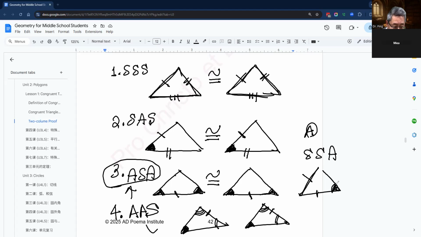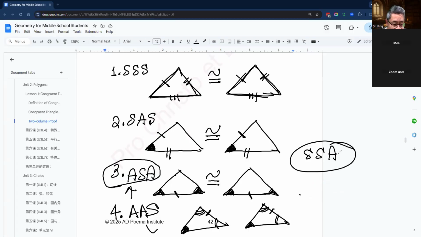If the angle is here, then it doesn't work. Good, because this one could be here, make the same angle. Okay, so side, side, angle, that doesn't work. Okay, good. Good, Mia.